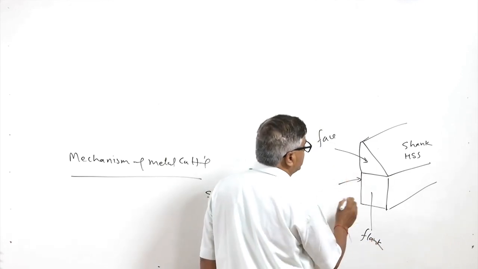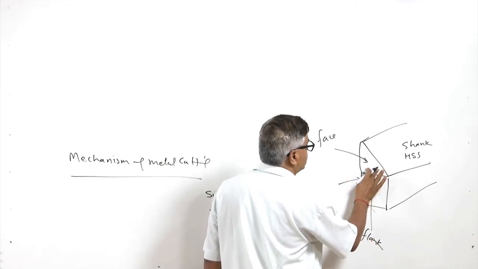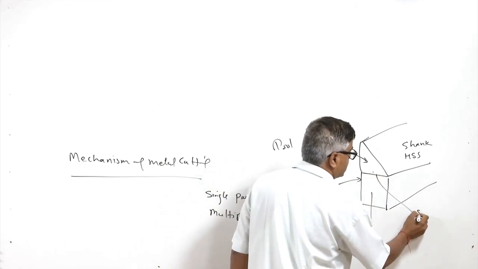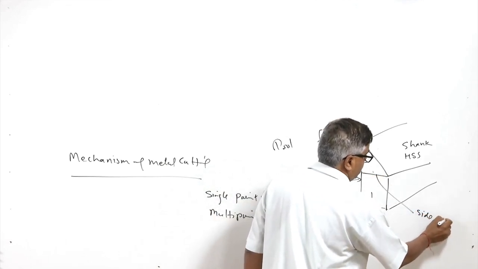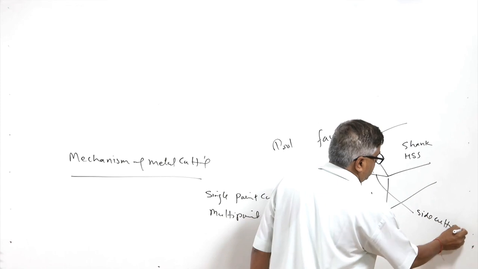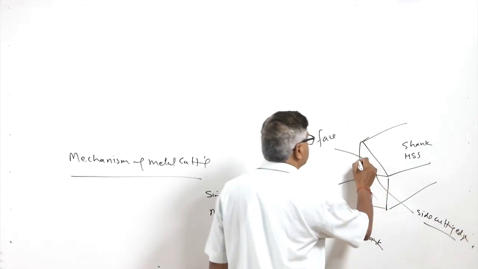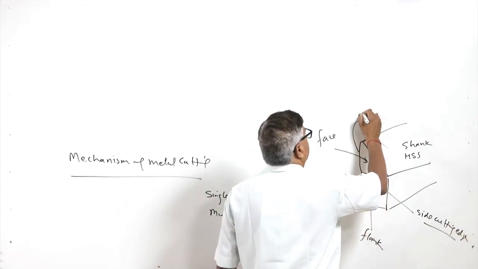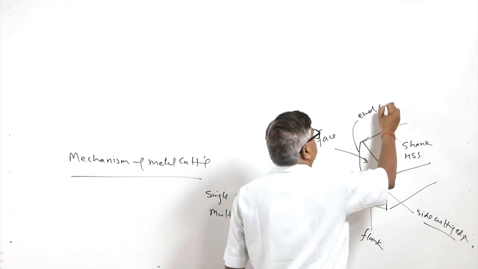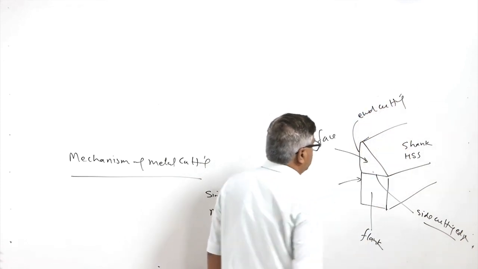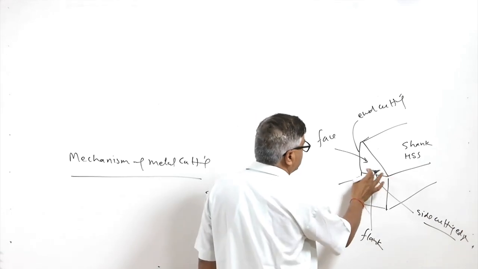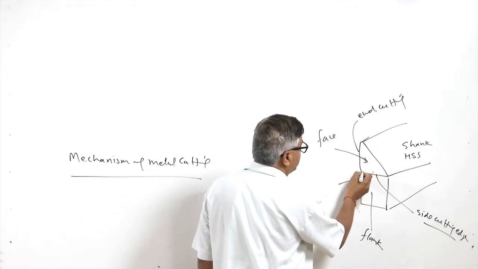And there are two cutting edges. One is this, called the side cutting edge, and this is the end cutting edge, and the side cutting edge and end cutting edge meet at this point.